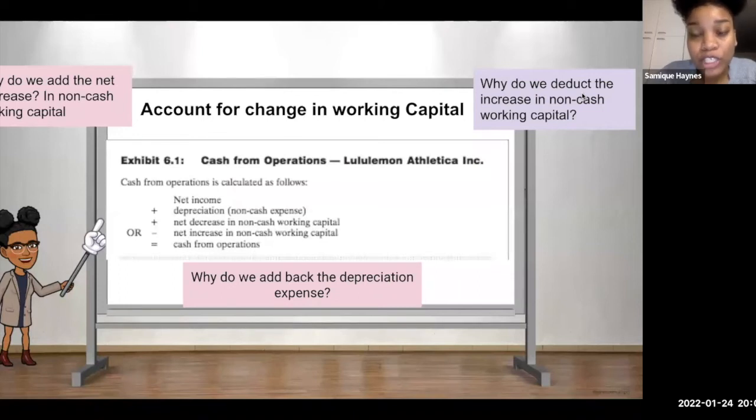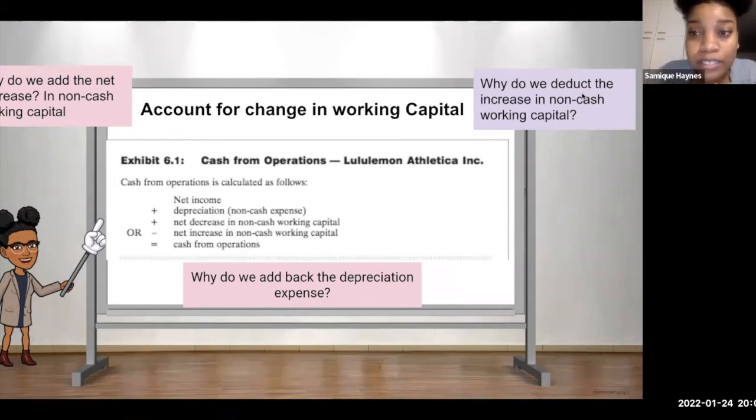And depreciation does not have an effect on cash. And so what we do is we add it back to the net income, because we use that as a starting point to get our figure as close to how much cash we actually have in our business as possible.